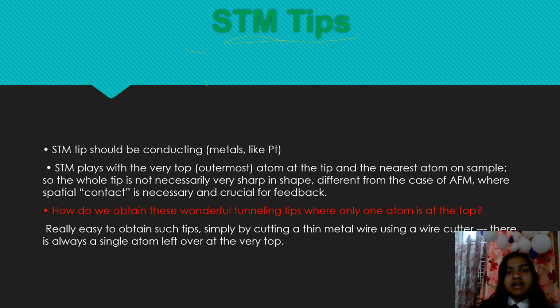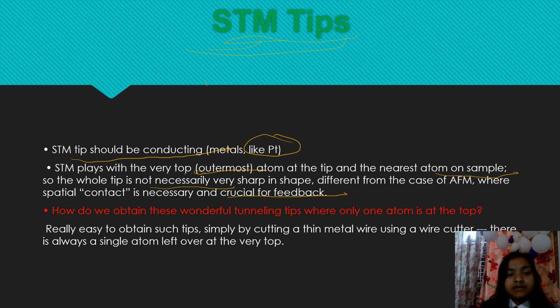Now we are discussing STM tips. An STM tip should be a conducting metal like platinum. STM plays with the very top outermost atom at the tip and the nearest atom on the sample. So the whole tip is not necessarily very sharp in shape, different from the case of AFM where contact is necessary and crucial for feedback.